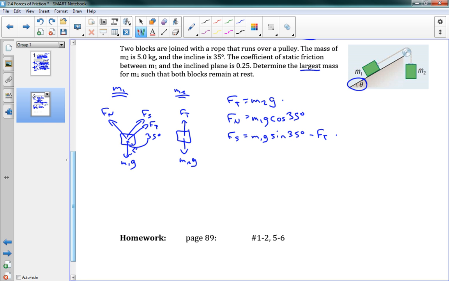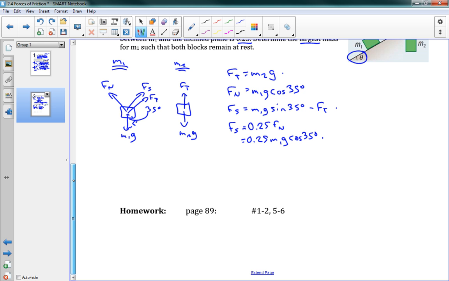Okay, and the last thing we can say is we have the coefficient of friction here, so Fs is equal to 0.25 times Fn. So Fs is 0.25, and I take my value for Fn from above, m1g cosine 35 degrees. Okay, now I've got something to work with. I can start solving these problems here.